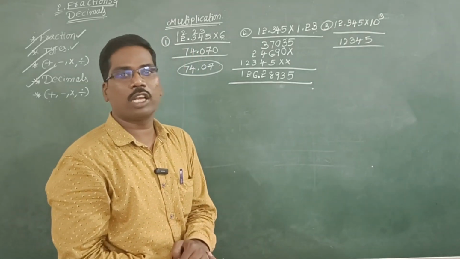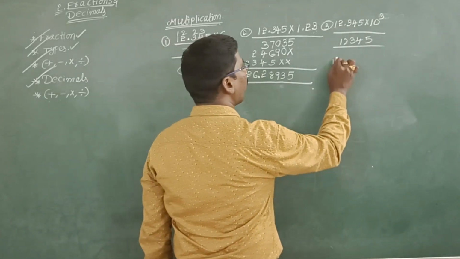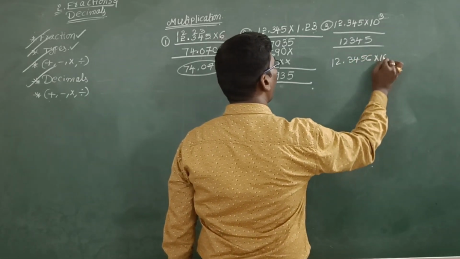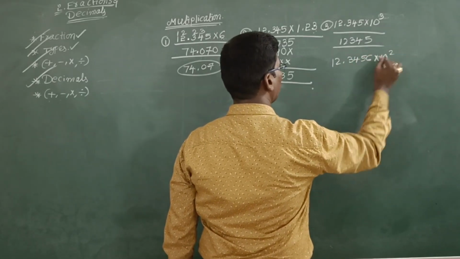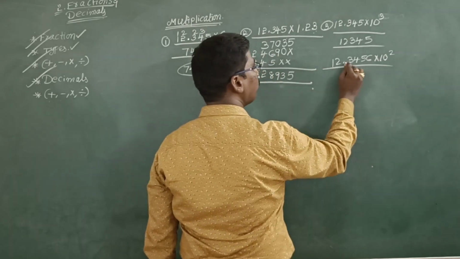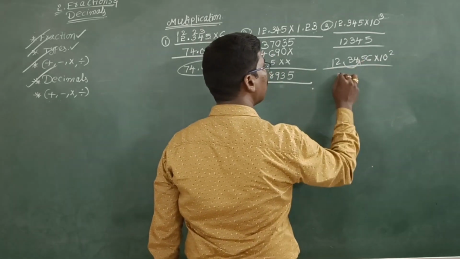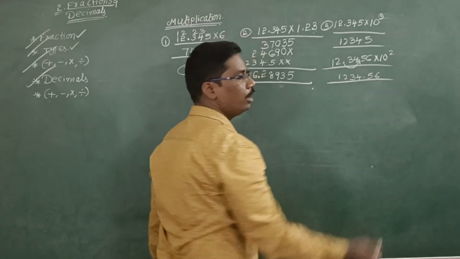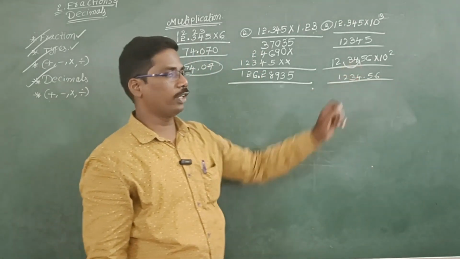This is one more shortcut in NMMS. If I want to multiply 12.3456 by 10 power 2, my answer is: the point moves from here to here, means 1234.56, without any multiplication. 10 square means 100.